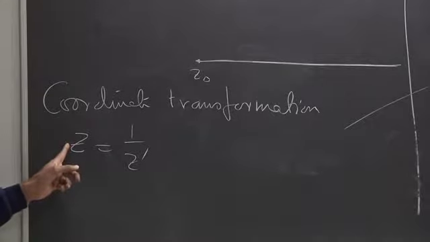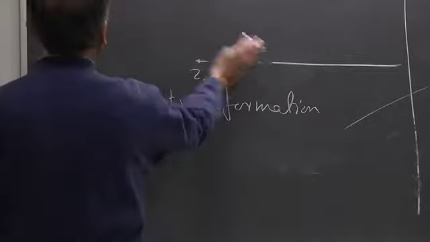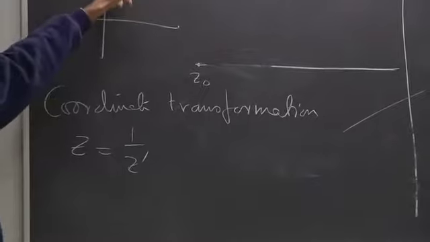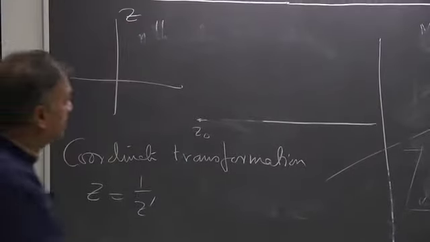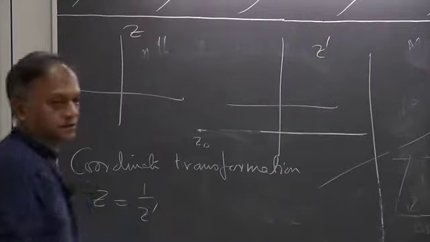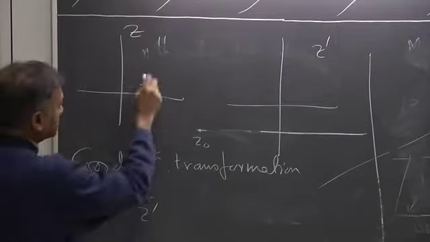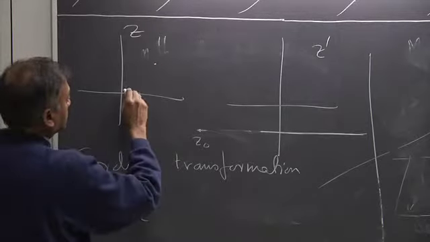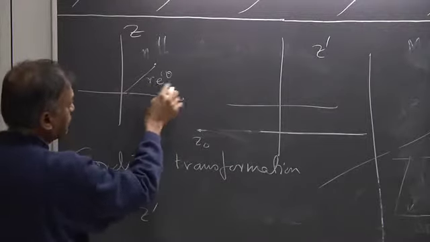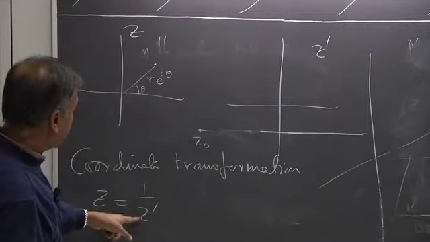The point at infinity in the z plane, so let's draw the map. So I have here a z plane, which means that here the points are coordinatized by z, and here is my z prime plane, where the coordinates are labeled by z prime. So if you make this transformation, let's say a point here which has some radius r times e to the i theta, the distance in polar coordinates, then z prime is 1 over z.